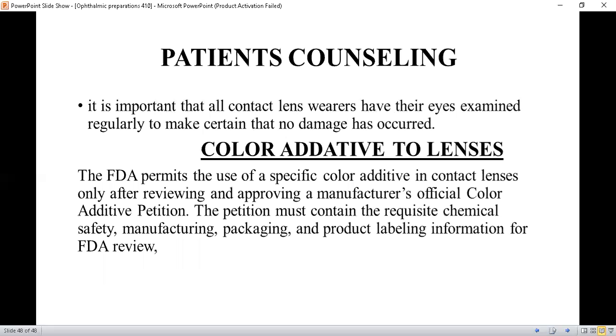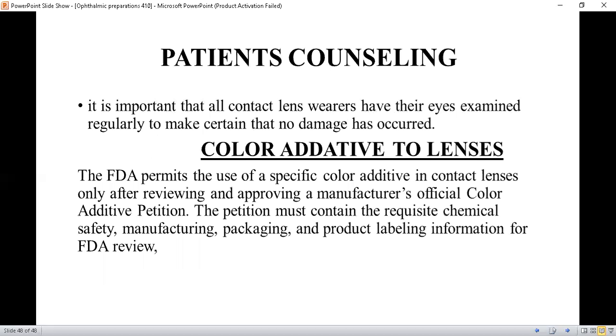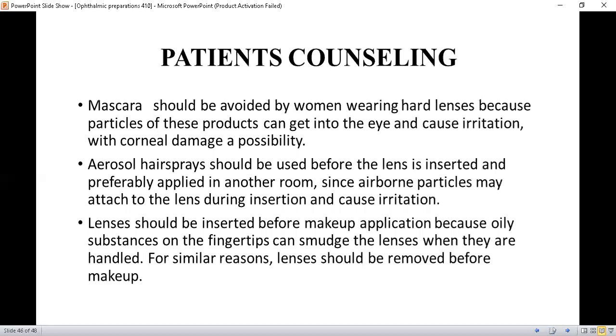Is there any possibility of interaction of the lens and the drugs if you are using them concomitantly with the lens? And in the last slide we have also discussed a few points that must be informed to the patients who are using contact lenses.